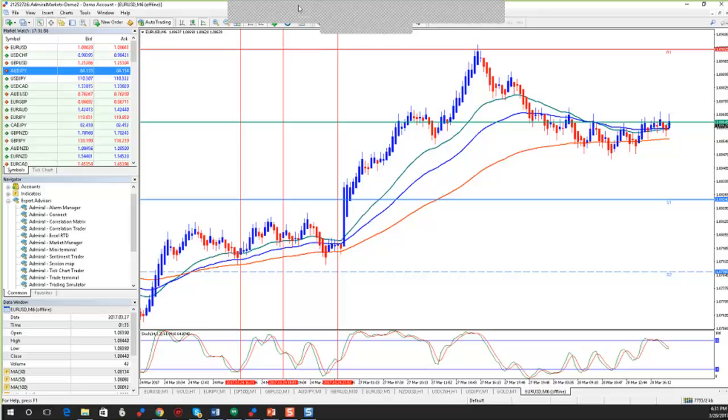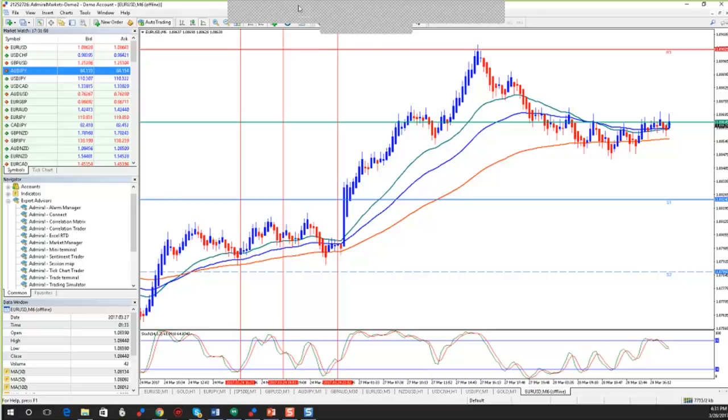Now I will show you one more example, and if you have any question, guys, feel free to ask me. Let's use, for example, dollar yen on 1 minute. Here I will show you how to open the template and chart.